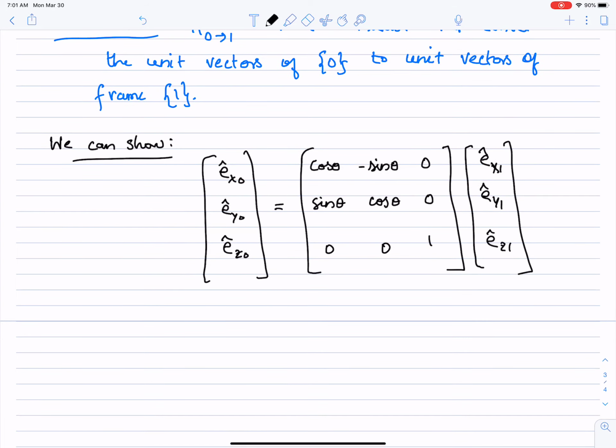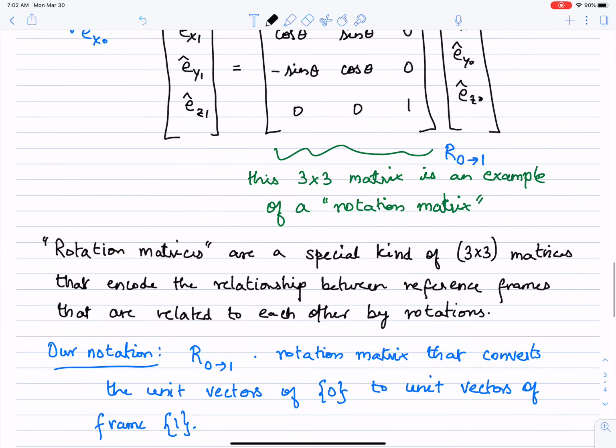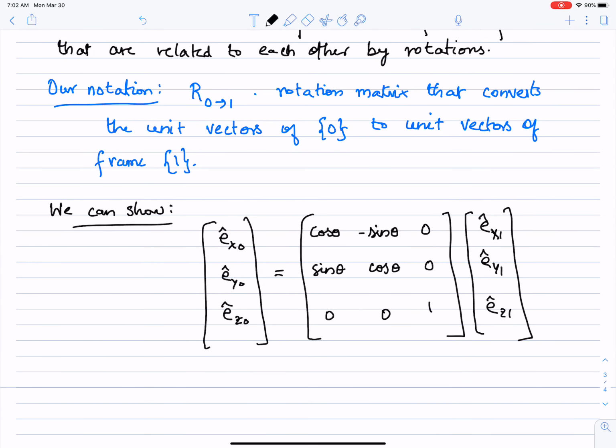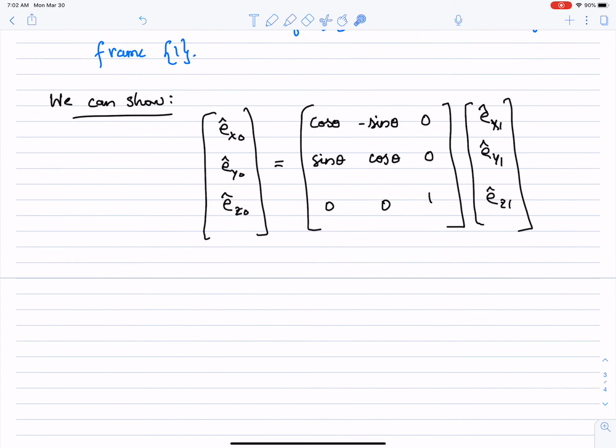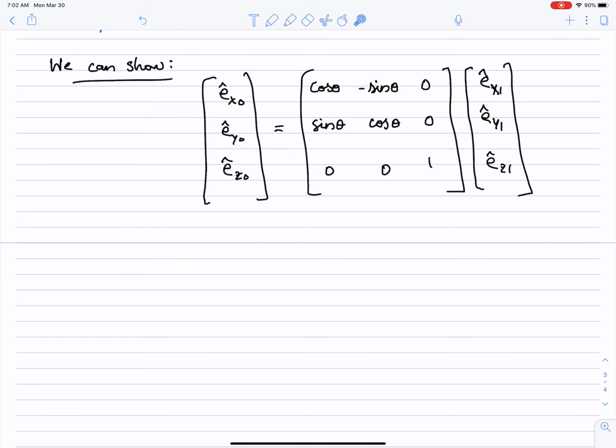Okay, that is to be shown, but you can show it by going through the process and looking at, okay, what is the projection of x naught onto these three vectors? What is the projection of y naught onto these three vectors? What is the projection of z naught onto these three vectors? So you can derive this.